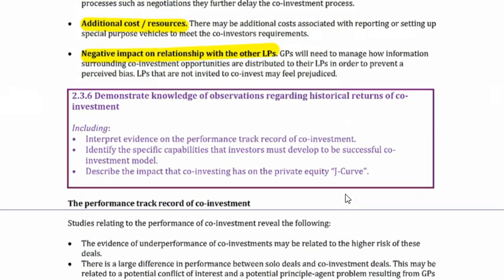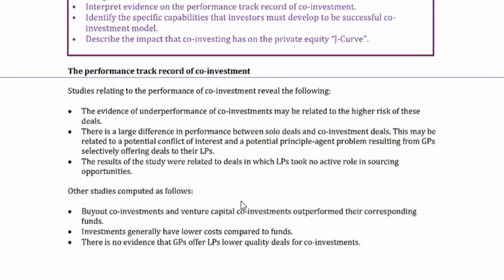236. Let's talk about the historical returns of co-investment. Has co-investment in fact been profitable? Let's have a look over here. The evidence of underperformance may be related to what we've spoken about earlier. They are higher risk deals. There's a large difference in performance between solo deals and co-investment deals. Why might that be?